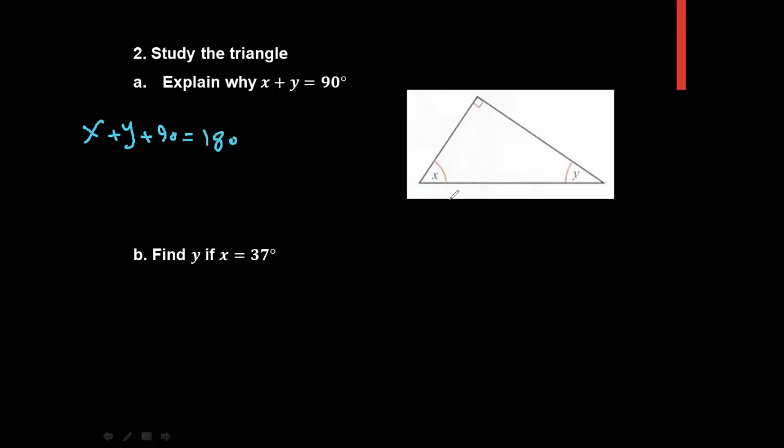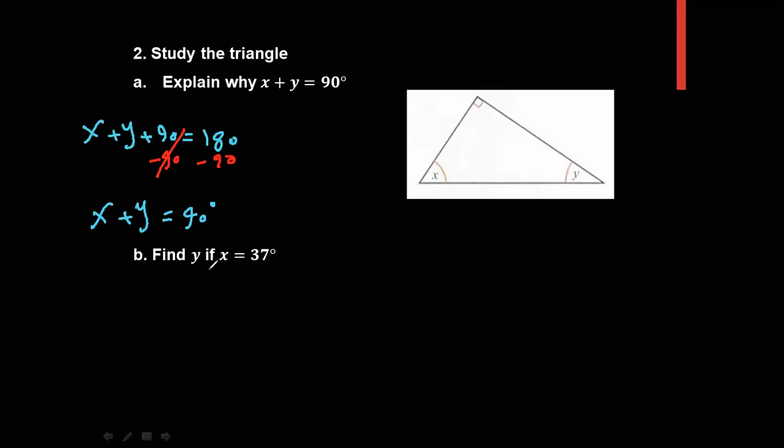I have three angles here, x plus y plus 90 equals 180. Solving the equation, now I have the value of x plus y equals 90 degrees, and that is the reason, because this is a triangle and we use the triangle theorem.